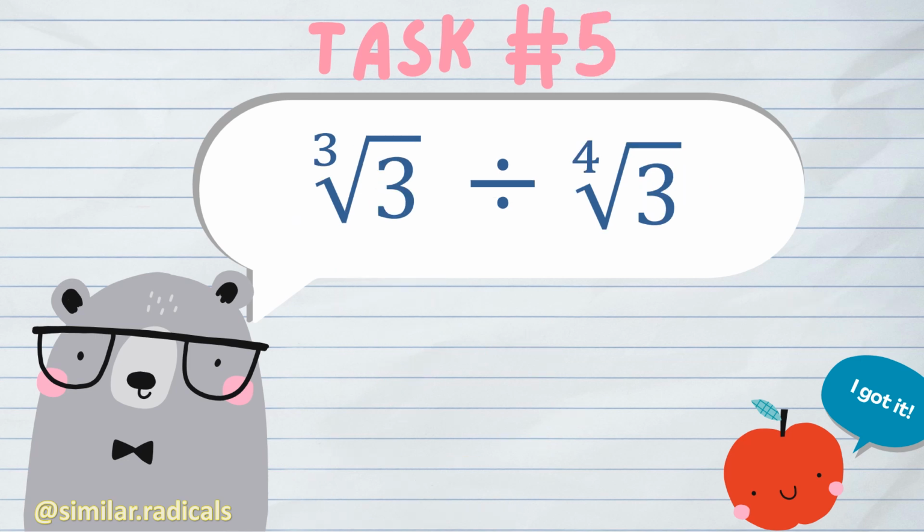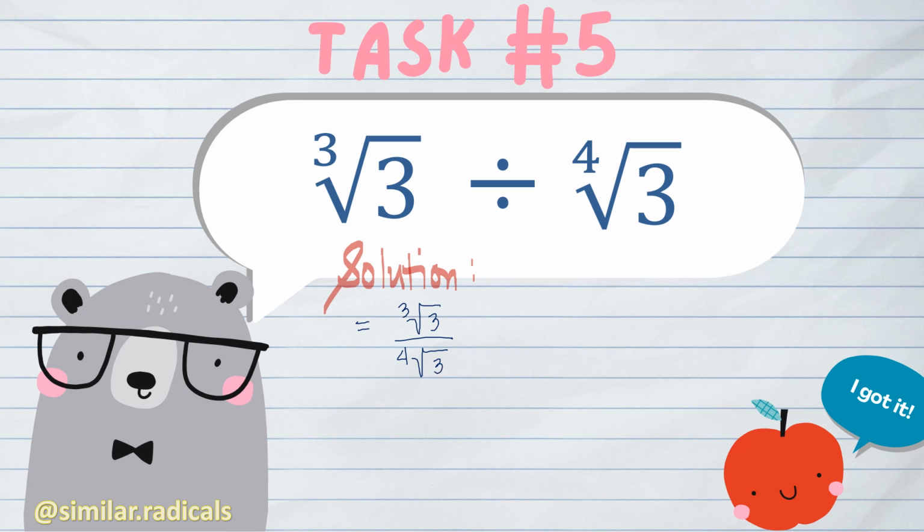Now for our task number 5, as you can see, we're again dealing with division of radicals having different indices. That means we do not have the choice but to extend the additional processes for this. So let's rewrite first cube root of 3 divided by fourth root of 3.